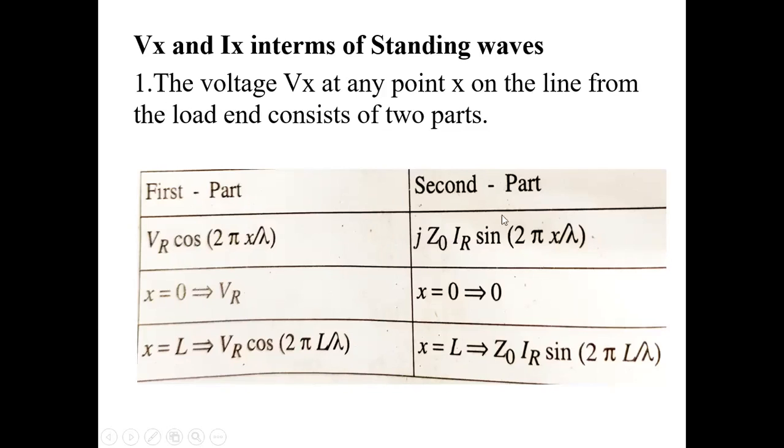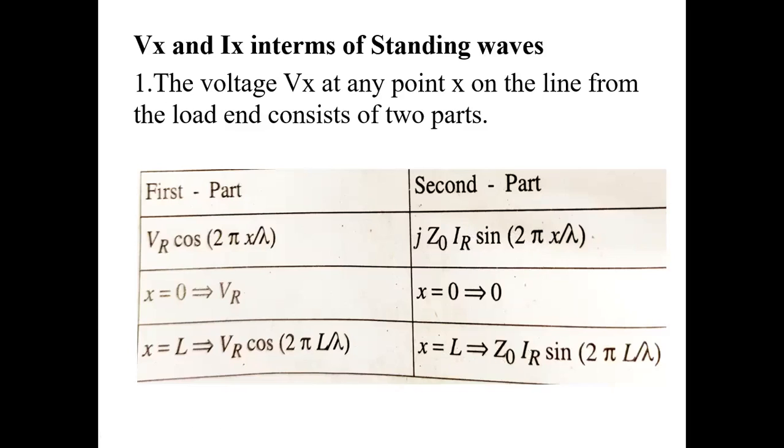Similarly, you can take the second part of the first equation, j into Z0 into IR into sin 2 pi x by lambda. If you substitute x is equal to 0, sin 0 is 0, so the entire term becomes 0. This is the first boundary condition. And if you substitute x is equal to L, our expression becomes j Z0 into IR into sin of 2 pi L by lambda.